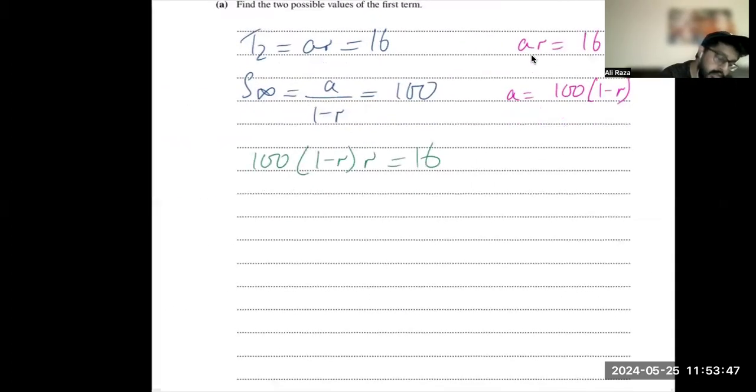R minus R squared is equal to 16 over 100. R squared minus R plus 4 over 25 is equal to 0.